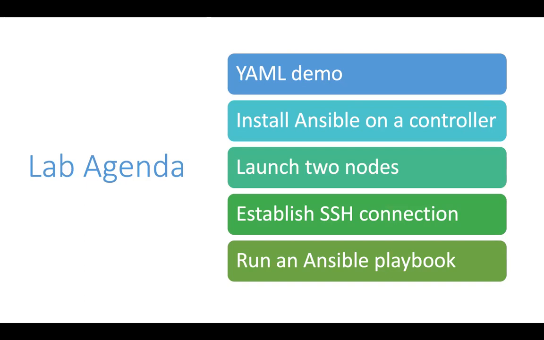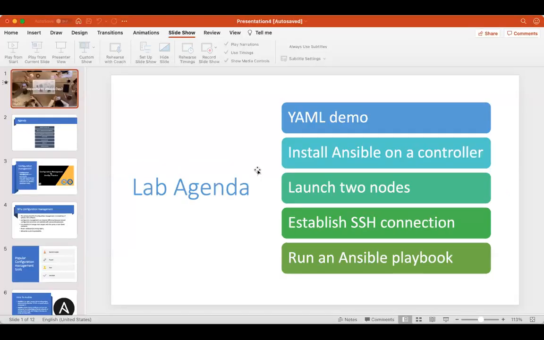This will be a little bit confusing to most of you, but we also want to show something in Git about all this SSH connection. It's very important, so try to understand it. We're going to run an Ansible Playbook and try to install something on our remote node server. So that would be our agenda.